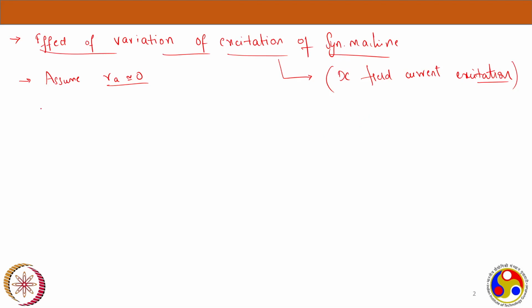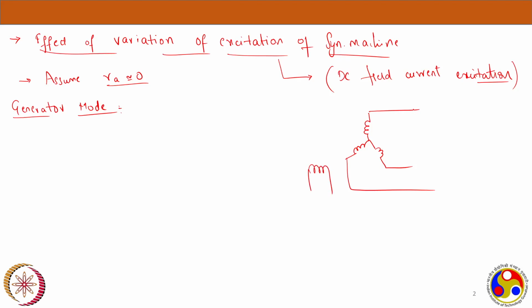Let me draw how a basic synchronous machine would look, so that we see where exactly the excitation goes into the machine. Remember, the three-phase winding would be on the stator, and here we will have the rotor. Usually the stator is connected to the bus.